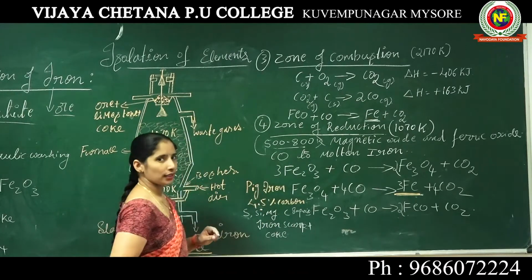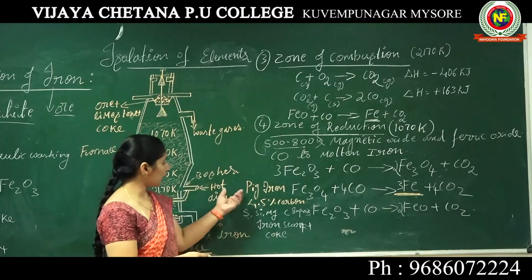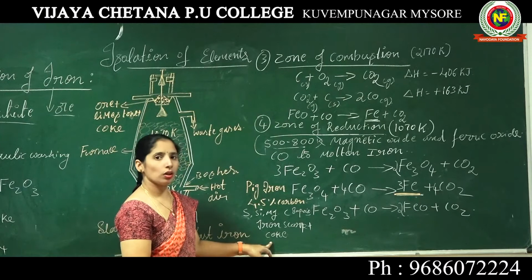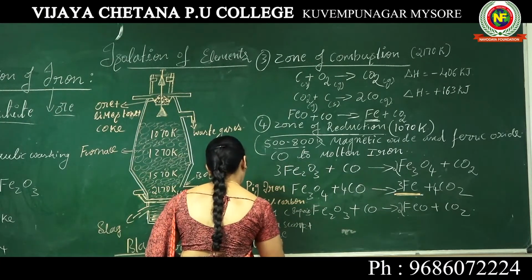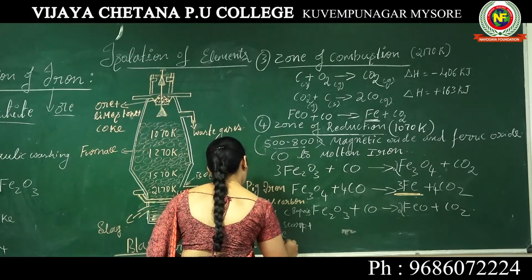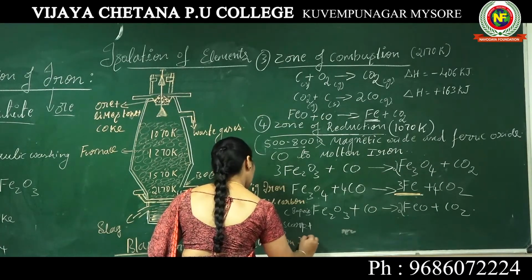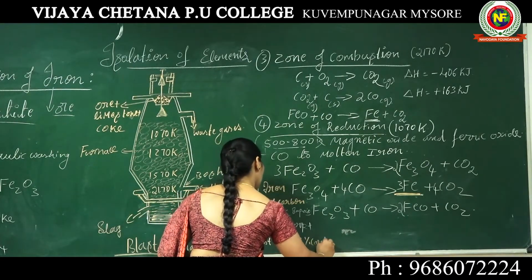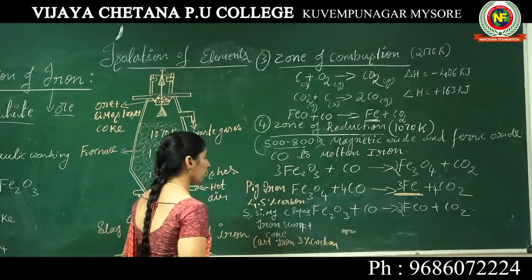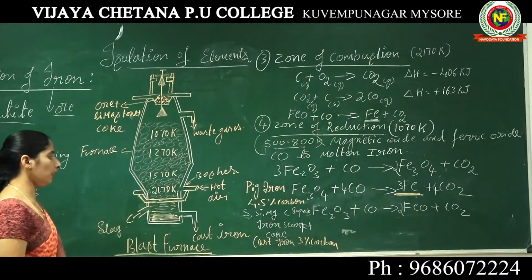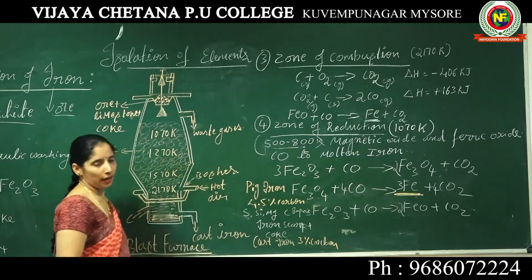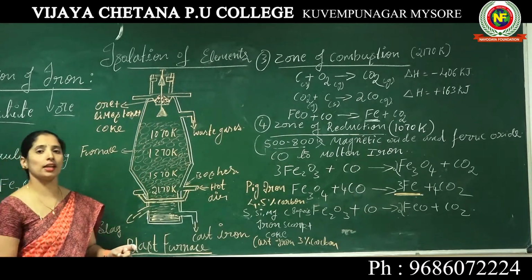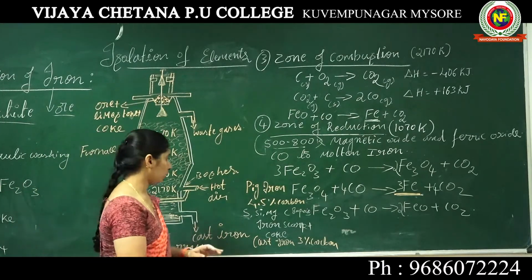We mix the pig iron with iron scrap and coke, and that type of iron we call cast iron. This cast iron contains 3% of carbon, and it is very hard and brittle.